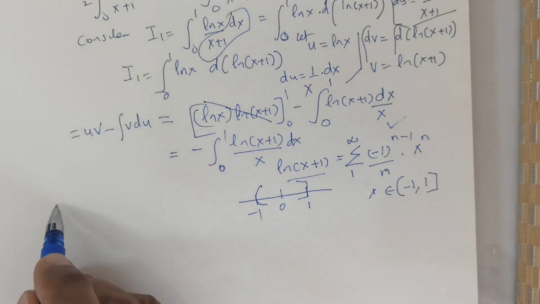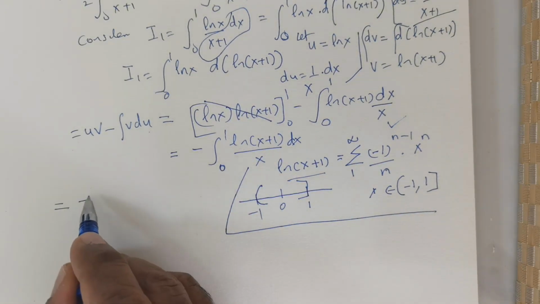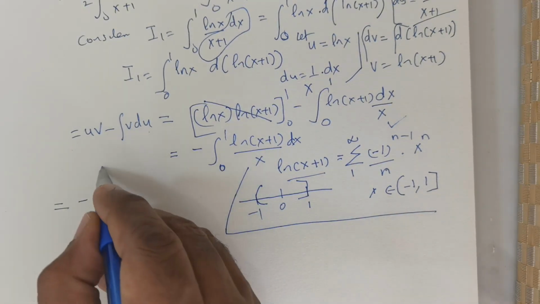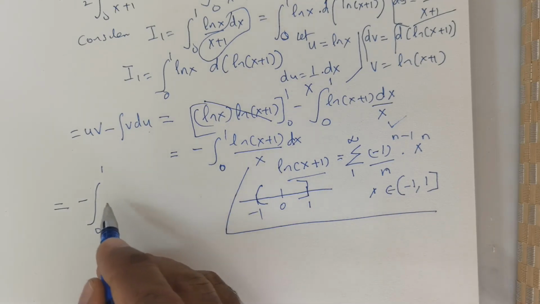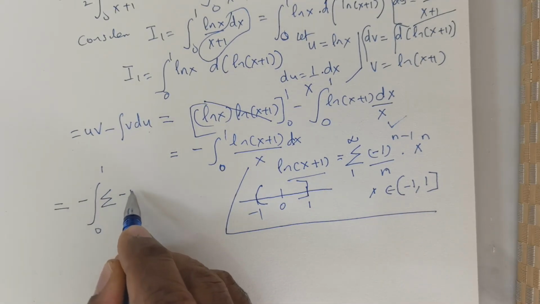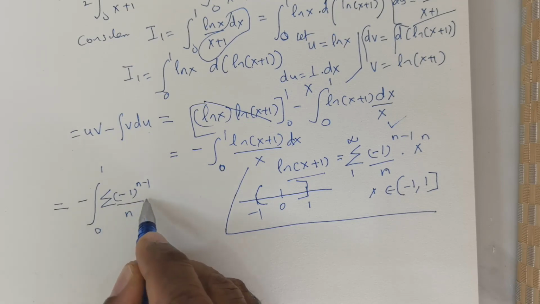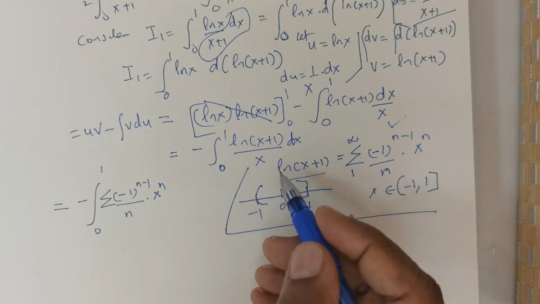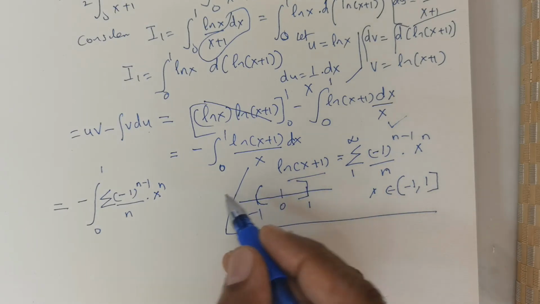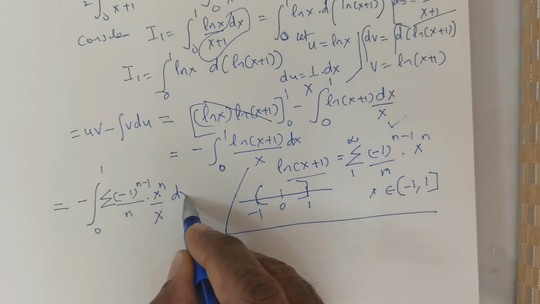So what I'm going to do is I'm going to rewrite this to be negative integral 0 to 1. In place of ln (x + 1), I'm going to be utilizing sigma (-1) raised to the power of n - 1 divided by n times x raised to the power of n, and you have a quantity x here, place that, times dx.